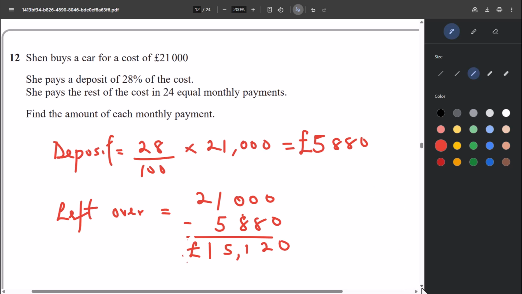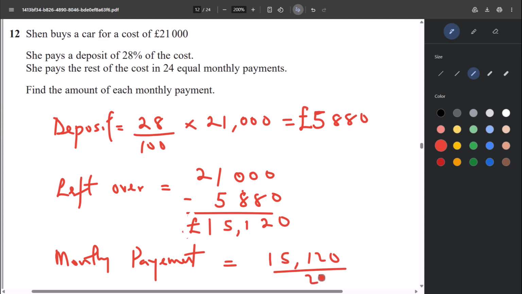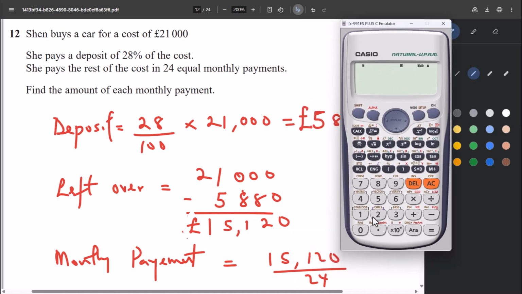So the amount that she needs to pay every month should be this number, 15,120, divided by 24.